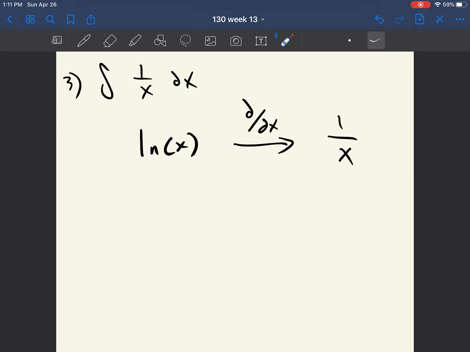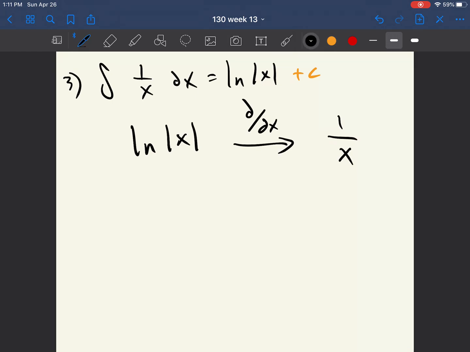So the antiderivative has to take that into account, and we actually need absolute value bars in here. This antiderivative isn't exactly right. What you need truly is ln of the absolute value of x, because you need to make sure that you're not plugging negative numbers into this ln. So this should be ln absolute value of x plus c.